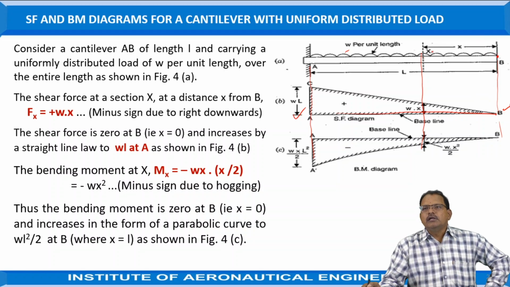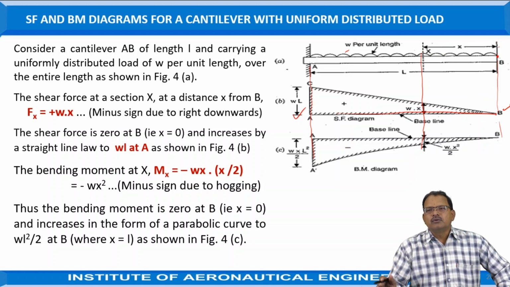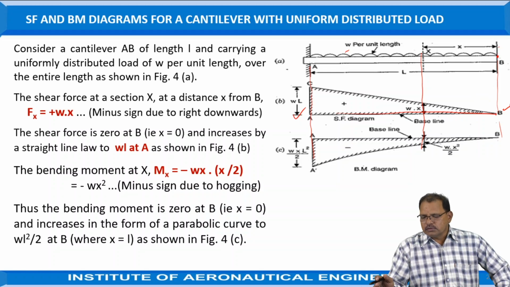Now, the shear force at a distance of X from B is equal to w into X. That is the unbalanced force which is acting toward the right hand side of the beam, which is equal to w into X. That means it is proportional to the distance. When the distance is increasing, the shear force is also increasing.